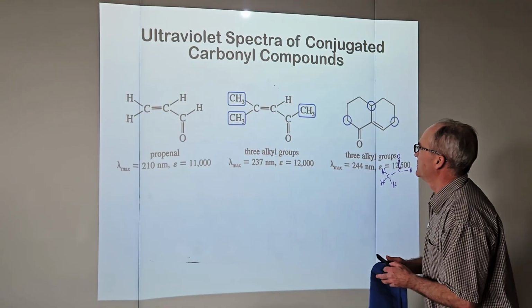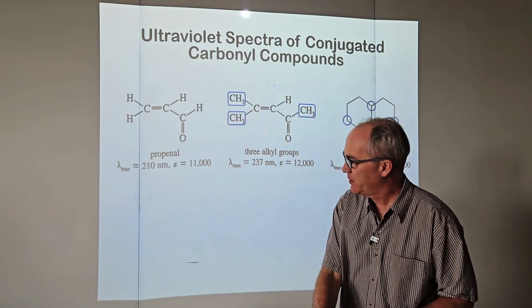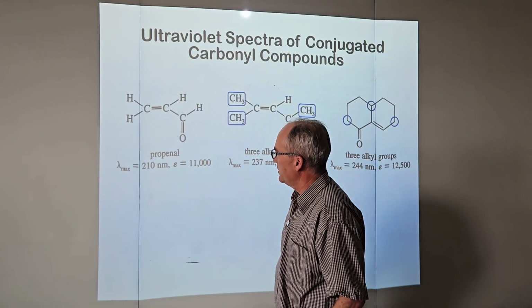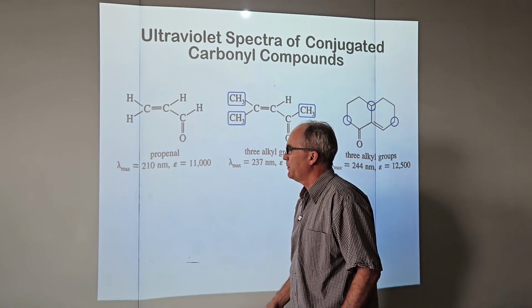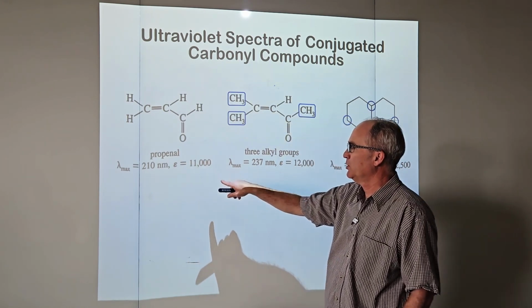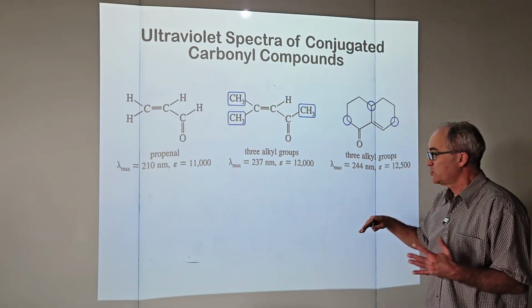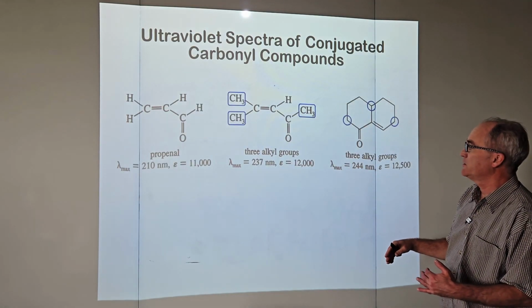Electronic transitions. Notice we got a double bond with carbonyl carbon. Propenal. So that's conjugated there. Absorbs at 210 nanometers. And this epsilon thing, that's the molar absorptivity. So these things strongly absorb in the UV spectrum.